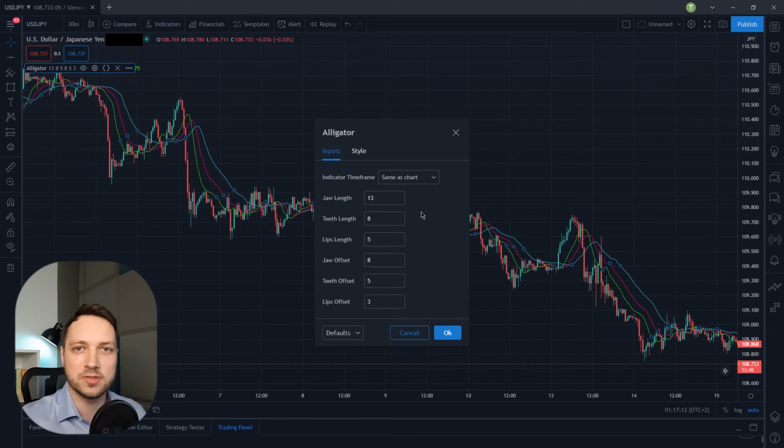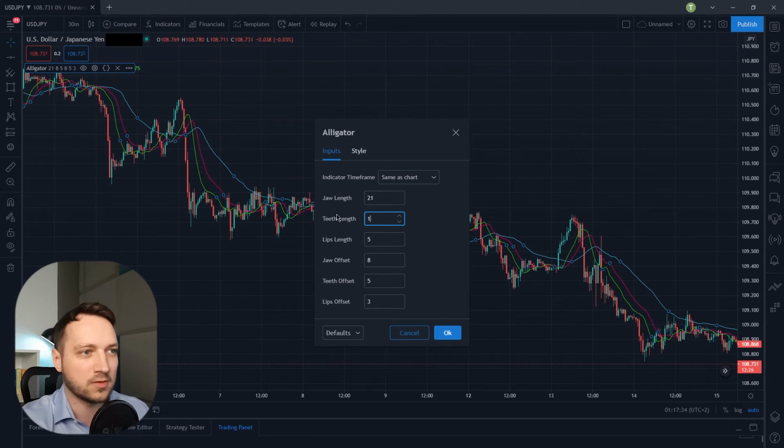As always, first let's change the settings, because this trend indicator consists of 3 moving averages, which are named the jaw, the teeth, and the lips, and they correspond with each other on the chart. So we need to set the periods correctly. The first, the jaw, should be 21 moving average, the slowest one.